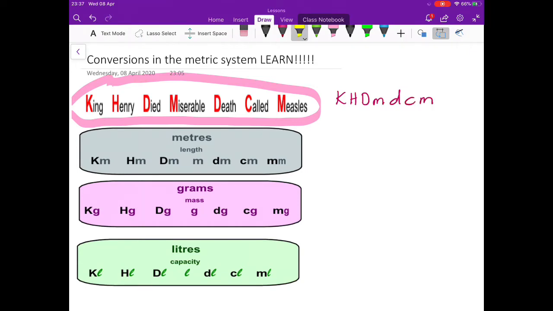The only thing that changes is your meters, your grams, and your liters. So remember, length is measured in meters, mass in grams, and capacity in liters.